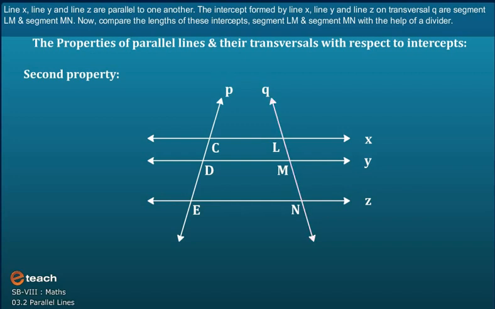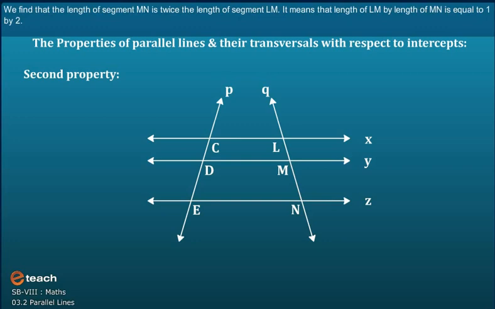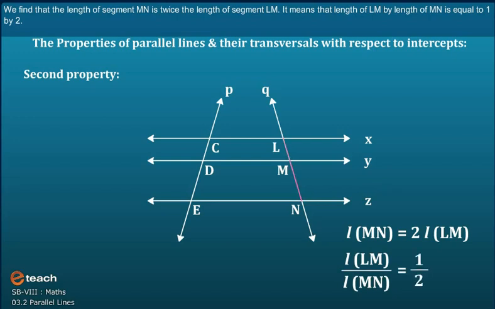Now compare the lengths of these intercepts, segment LM and segment MN, with the help of a divider. We find that the length of segment MN is twice the length of segment LM. It means that length of LM by length of MN is equal to 1 by 2.